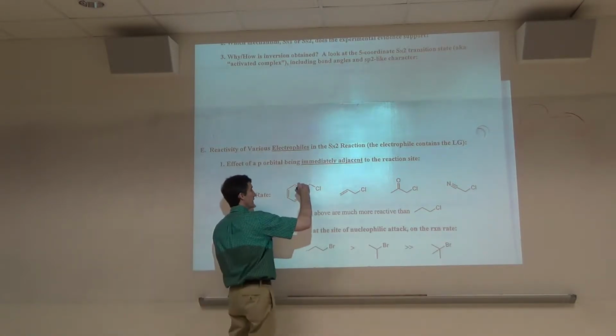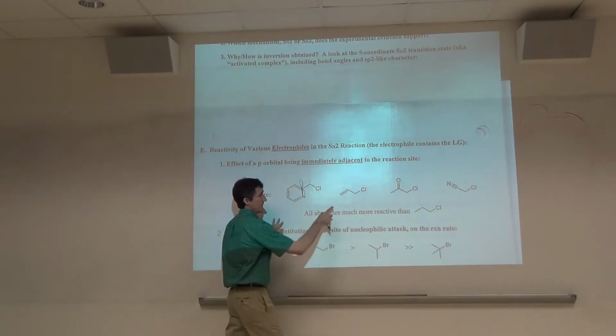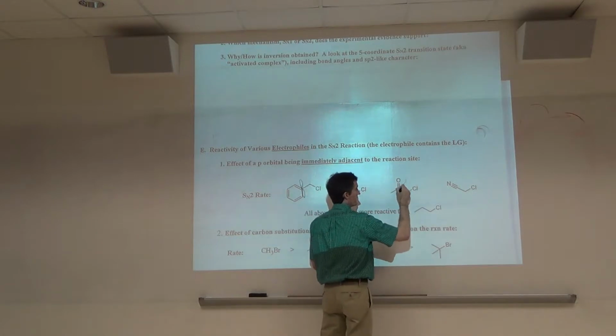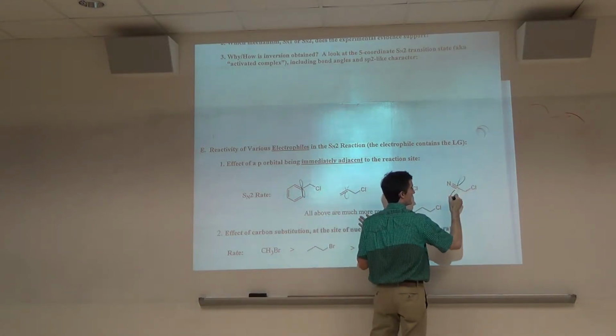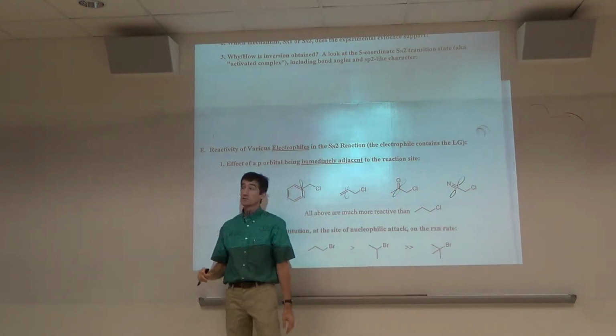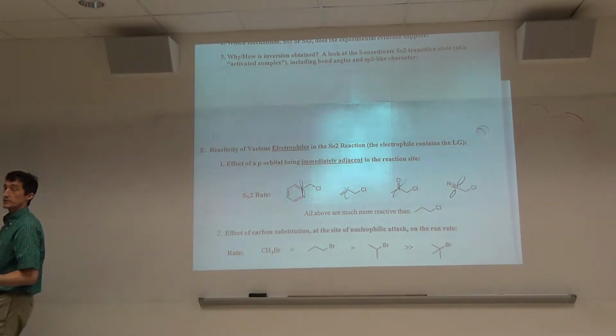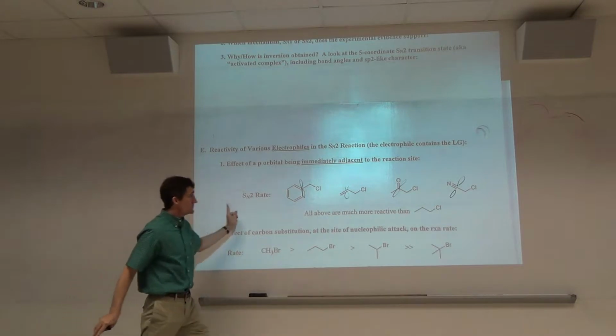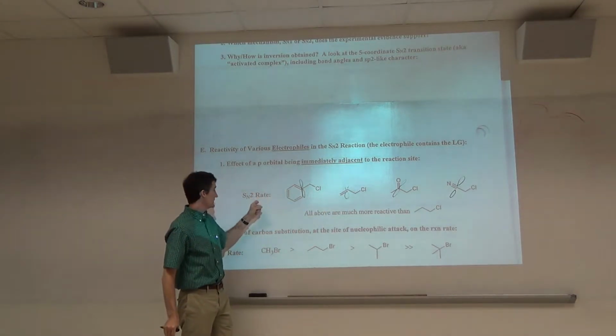Yes. Okay. What about over here? Is there a p orbital immediately adjacent? Yes. How about over here? Yes. How about here? Yes. There's actually two adjacent there. Only one is really going to be influential. All of these are very reactive in SN2.